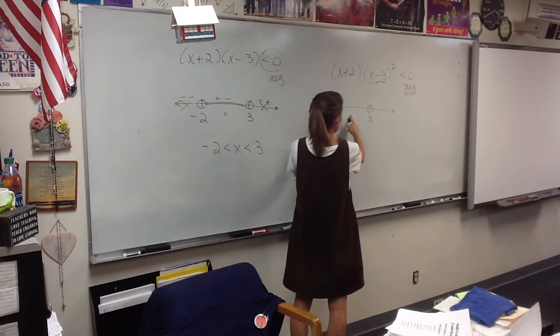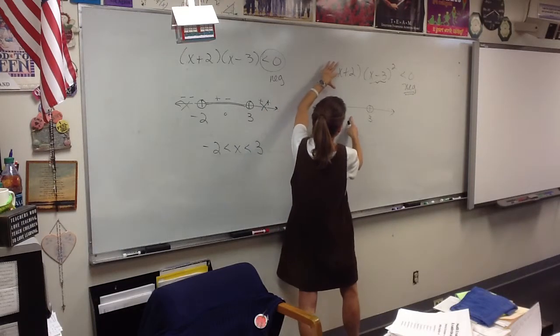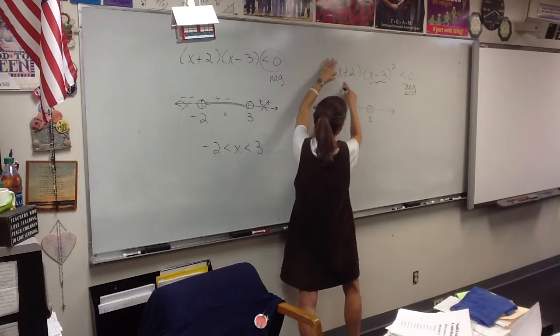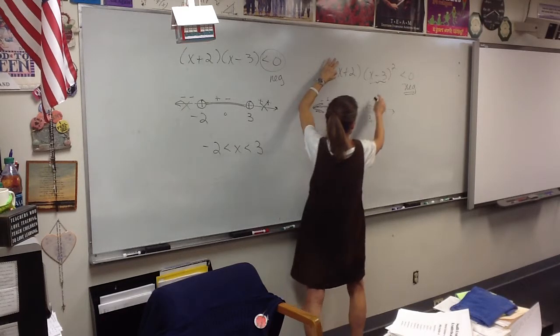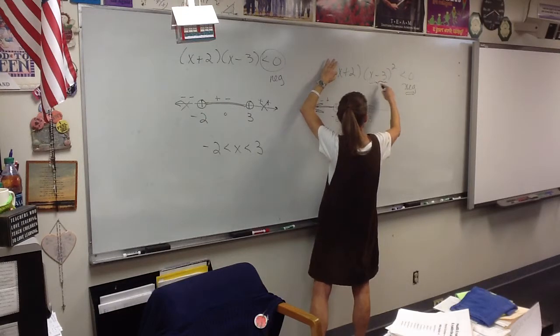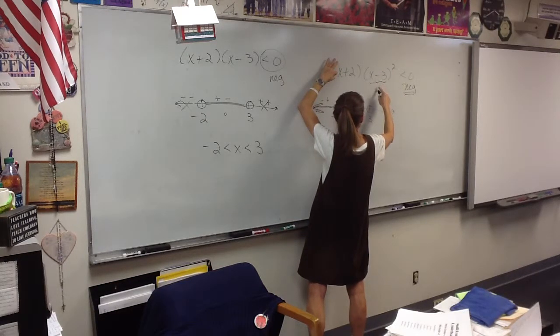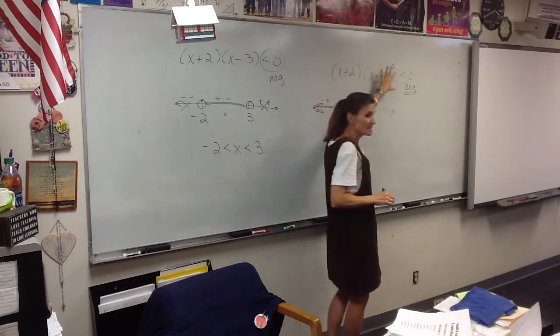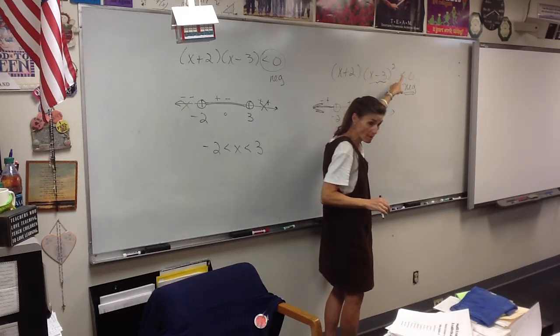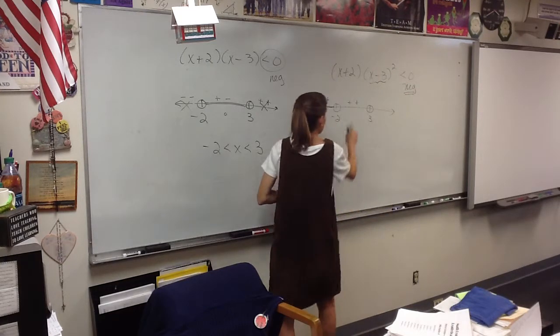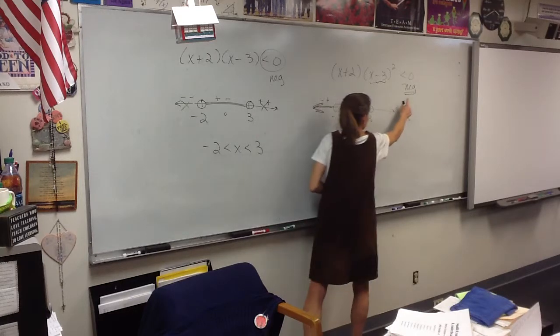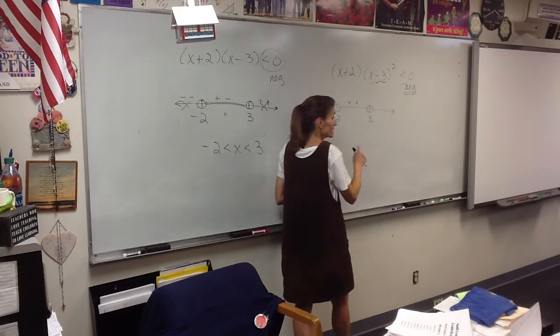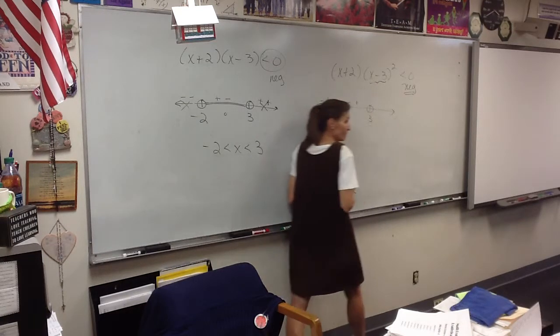All right, let's put our 0 in. When I put in 0, what happens to this parentheses? Positive. What happens to this guy? Positive. The parentheses would be negative, but you're squaring it, so it's going to be positive. Does that work for me? No. Positive times positive is not negative.